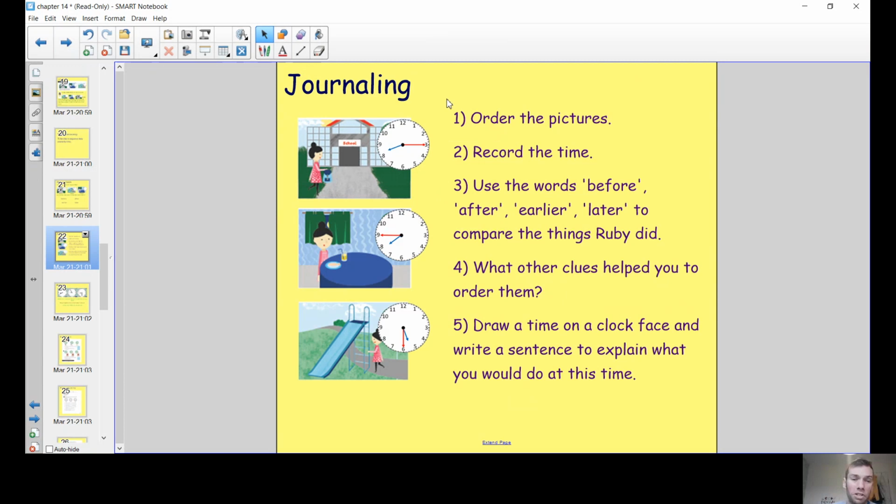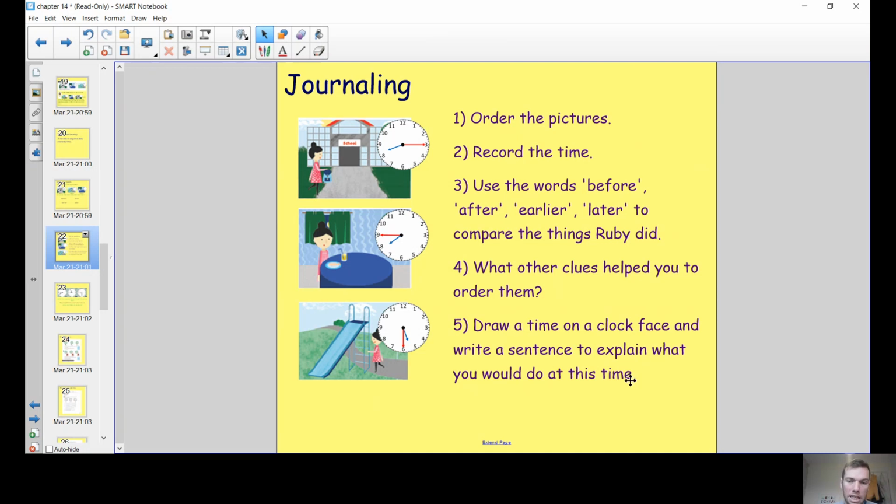Okay, what I'd like you to do, please, is to order your pictures. You need to cut them out, yes. Order them, or you could number them, I guess, if you'd like to tell us which one was the earliest, which one was the latest, which one was before or after. And I'd like you to be able to write the times as well.